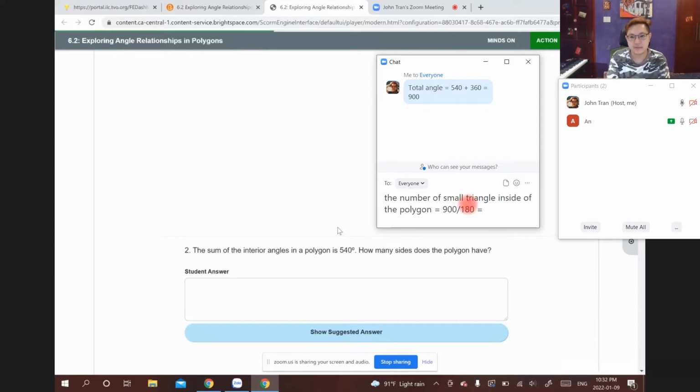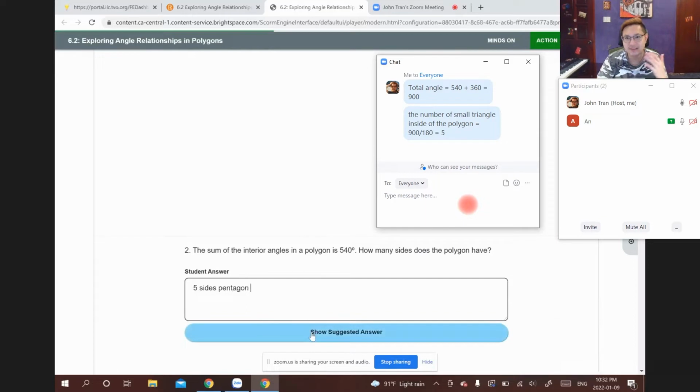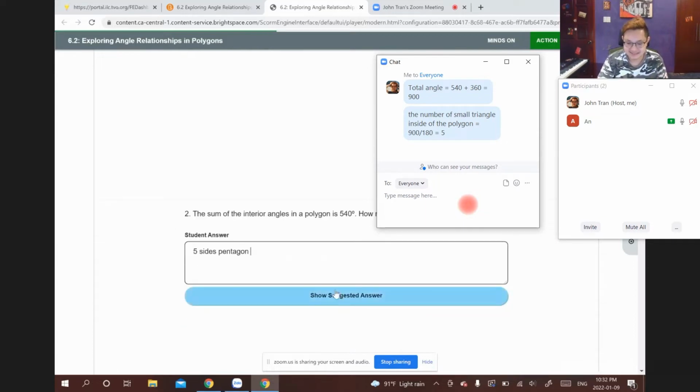So you get 5. There are 5 small triangles, which also coincide with the 5 sides that the polygon has. So it's a pentagon. Of course, pentagon means 5 sides.